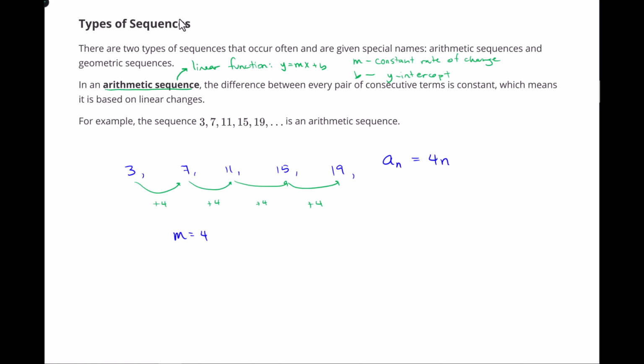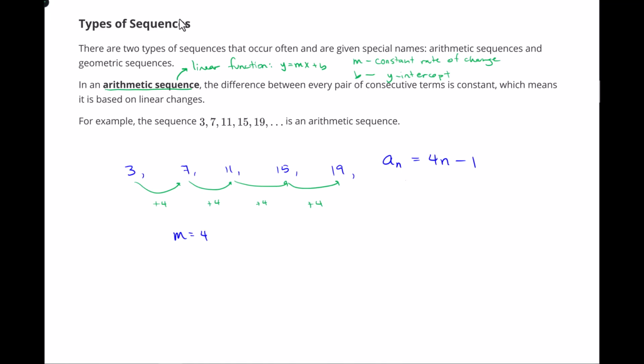But that's not perfect, because if you let n equal 1, the first term would be 4, but we don't have 4 here, we have 3. So you just need to make an adjustment, and that's kind of like what the y-intercept is. When n is 1, you need the first term to be 3. So 4 times 1 minus 1 would give you 3, and that checks out.